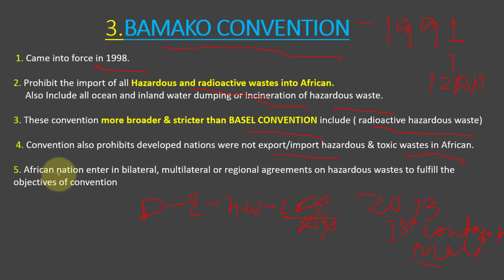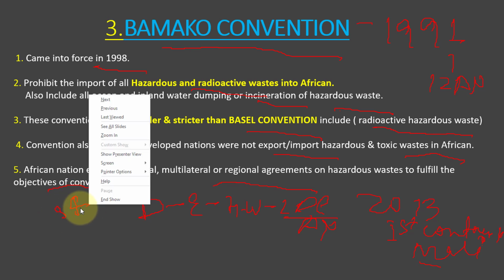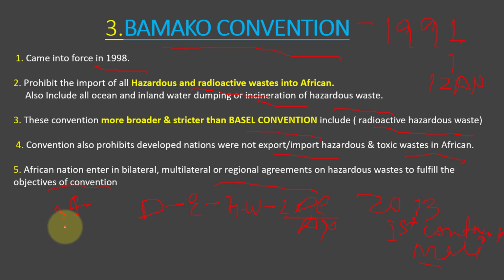Also, African nations enter into bilateral, multilateral or regional agreements on hazardous waste to fulfill the objective of the convention. Here it means that any African nation, you all know there are 54 African nations, came together, two countries joined together is bilateral, 2, 3, 4 countries is multilateral, or any regional agreement between the African nations.